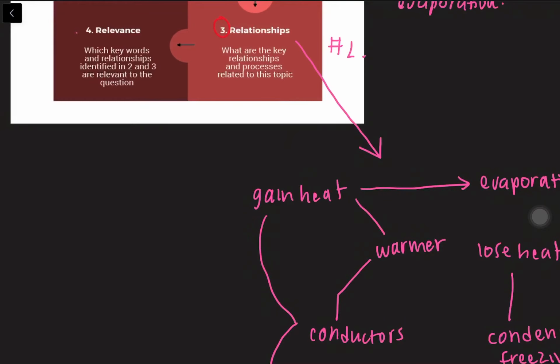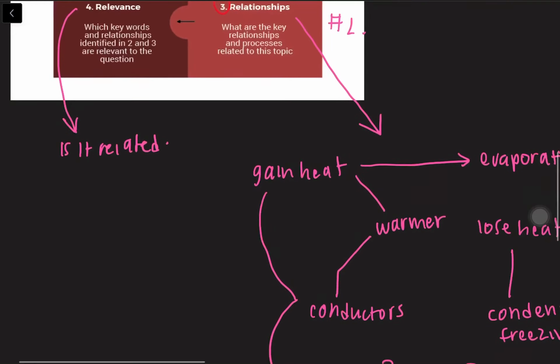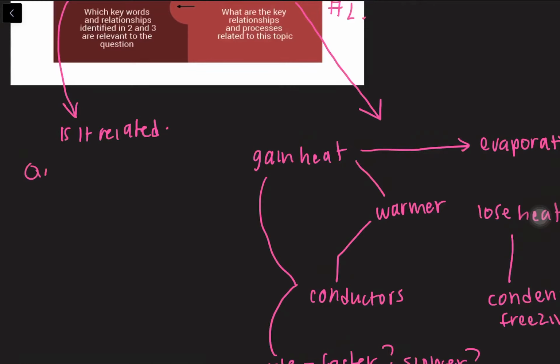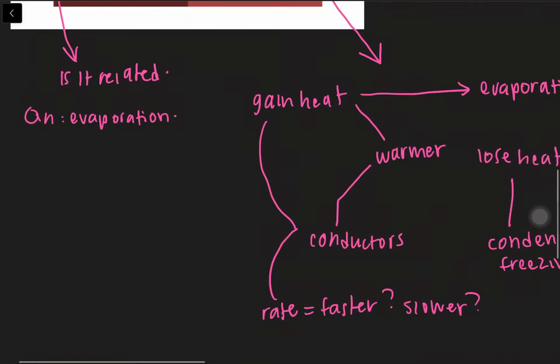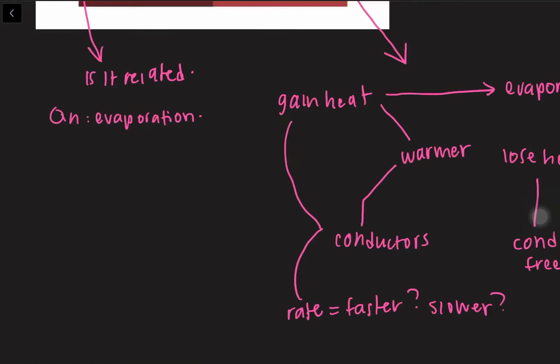Alright, so let's take a look at relevance. What does relevance mean? Is it related? That is what it means. For example, let's say the question is asking me about evaporation. If the question is asking me about evaporation, do I talk about freezing? No. So we don't put any of the keywords related to freezing.